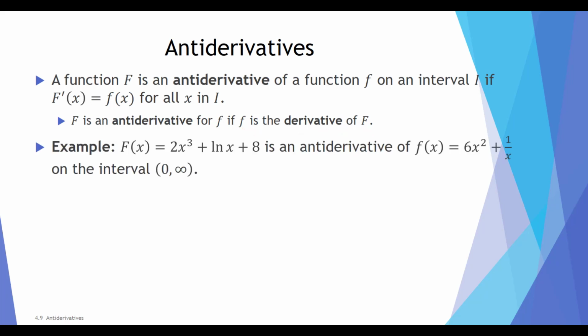Here's an example. If capital F of x is equal to 2x to the third plus natural log x plus 8, then this is an antiderivative of lowercase f equals 6x squared plus 1 over x on the interval 0 to infinity. Because if I take the derivative of capital F of x, the derivative of 2x to the third is 6x squared.